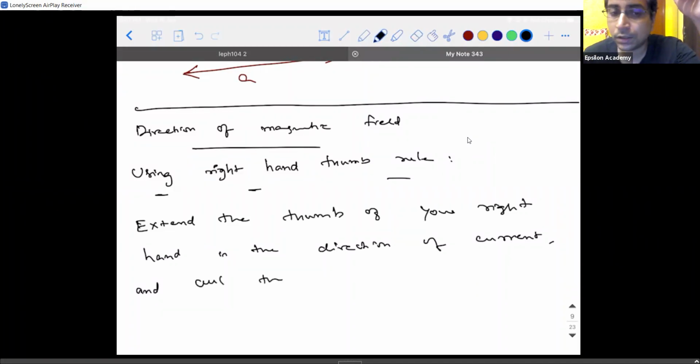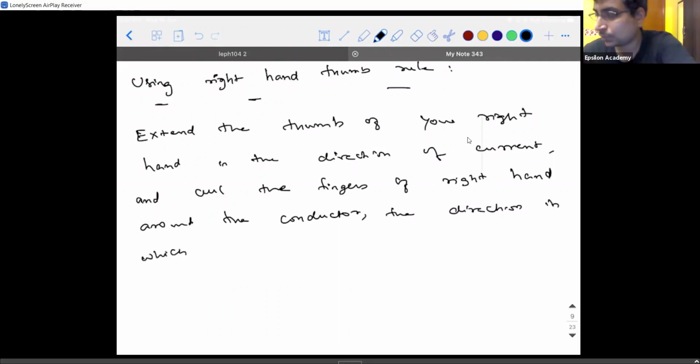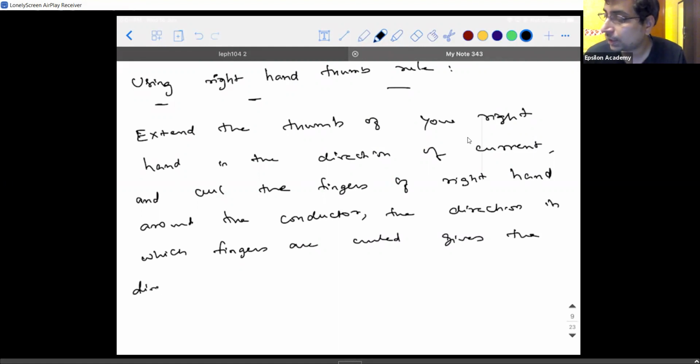Extend the thumb of your right hand in the direction of current and curl the fingers of right hand around the conductor. The direction in which fingers are curled gives the direction of magnetic field.